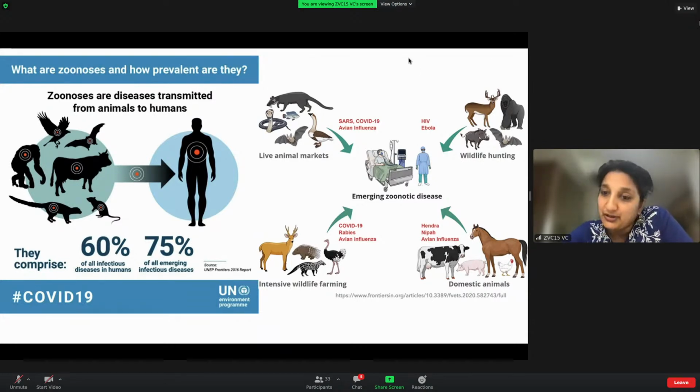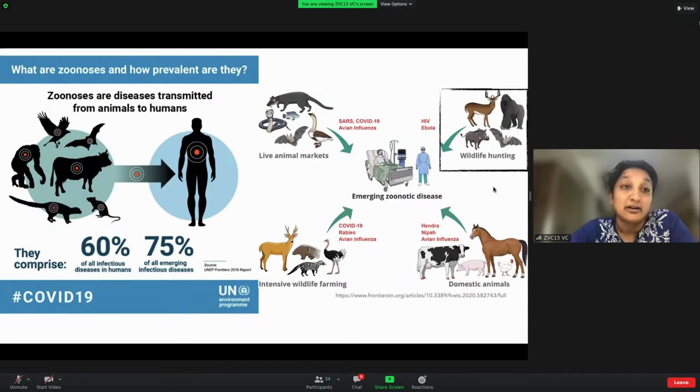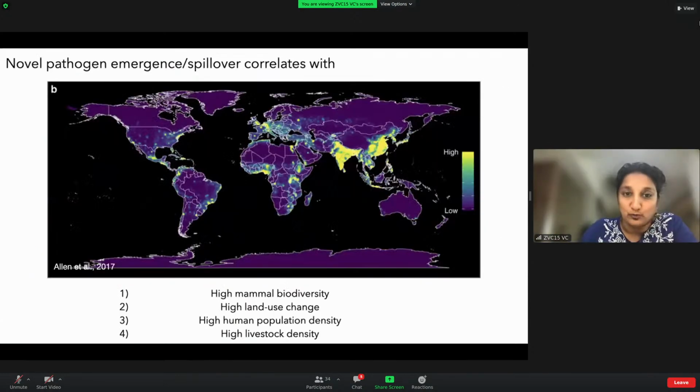And of course, domestic animals, for example, pigs, cows, horses. Hendra virus, for example, spilled over from horses via bats to humans, and wildlife hunting. So I basically am interested in this direct interface between wildlife and humans.